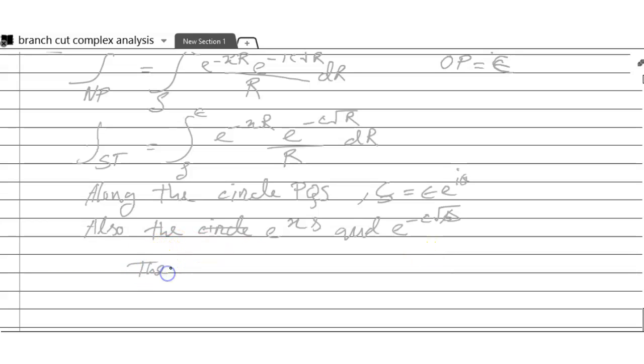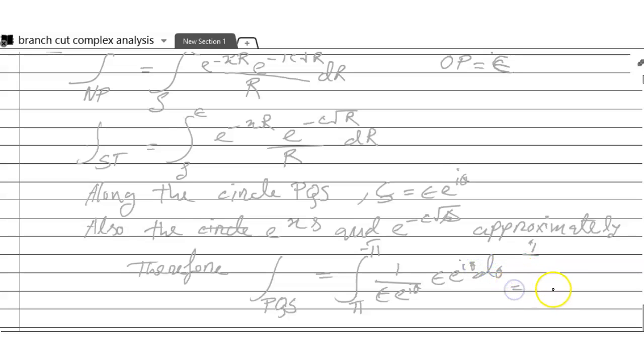Therefore PQS equals the integration from pi to minus pi of 1 by epsilon e to the power i theta, epsilon e to the power i theta d theta, which equals minus 2 pi i.